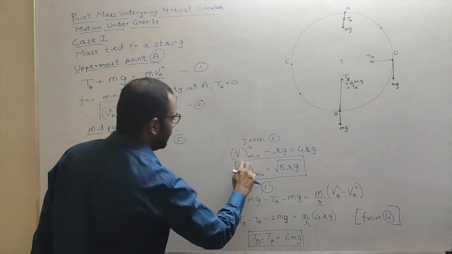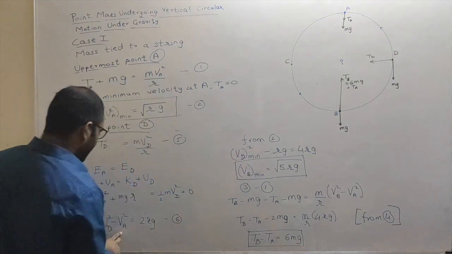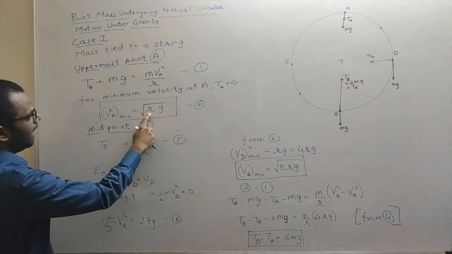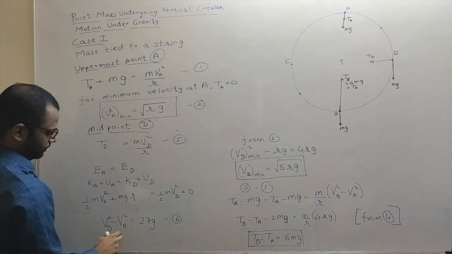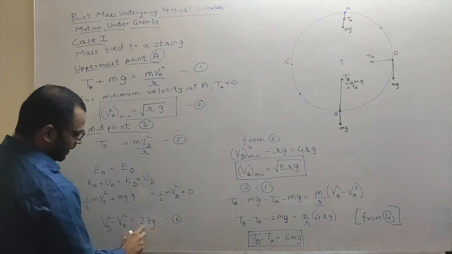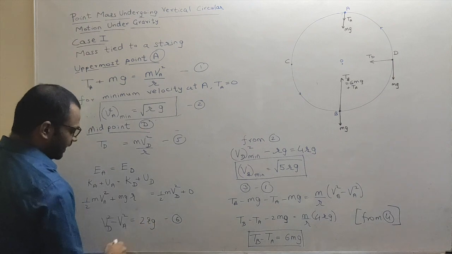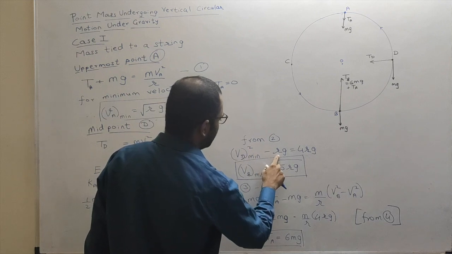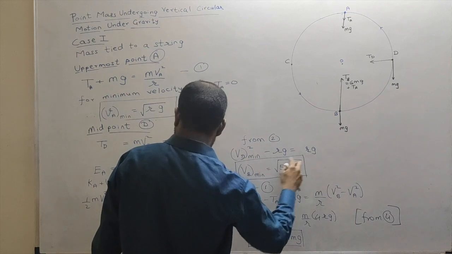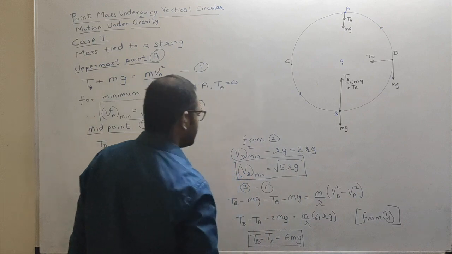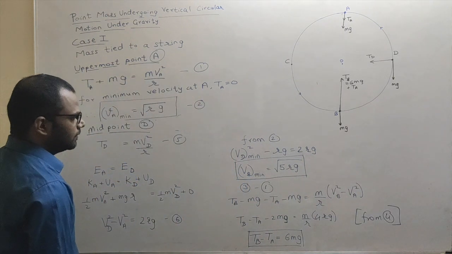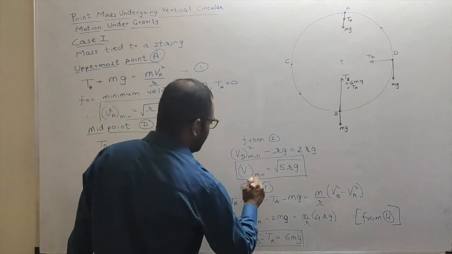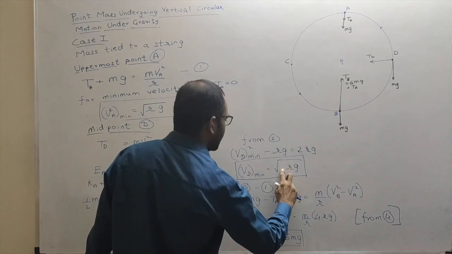So from 2, VD minimum square, VA square minimum will be rg. So rg will go here and become 2rg plus rg, that is 3rg. So over here I will have VD square minimum is equal to 3rg. Get this? So VD minimum will be nothing but square root of 3rg.